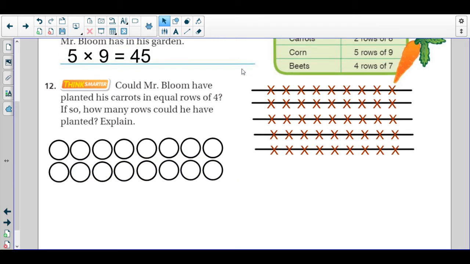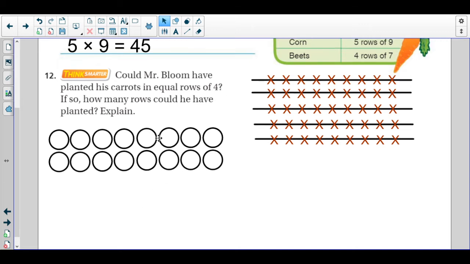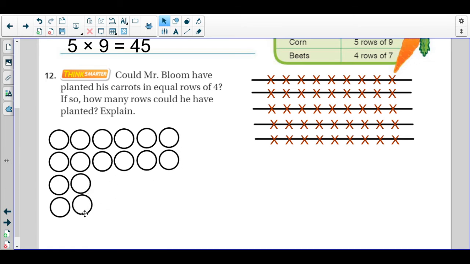But we want to know, can he make equal rows? Let's see, could he have planted his carrots in equal rows of 4? All right, so let's grab some of these over here from the end. All right, so now I have 4 rows. And now I just start kind of filling in, see if I'm going to end up with an equal number in each of the groups. And it's looking that way.